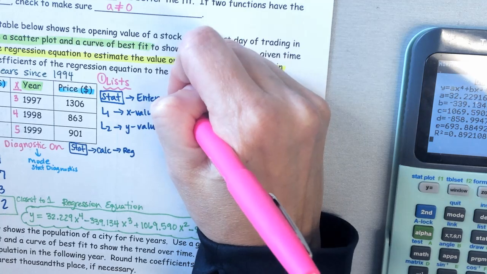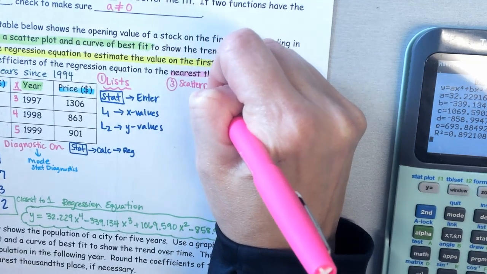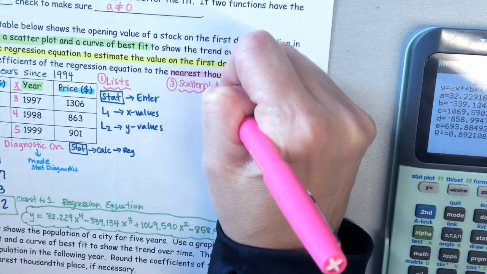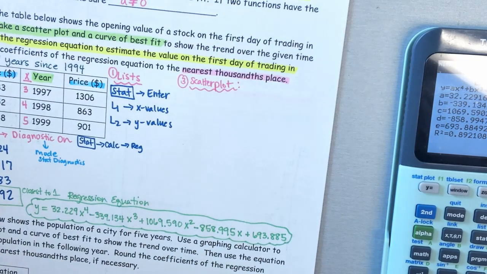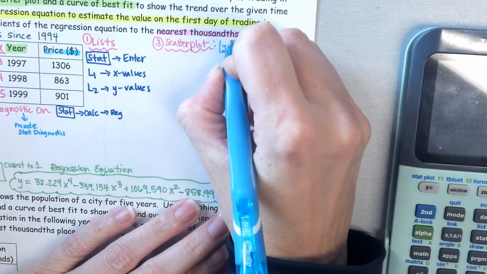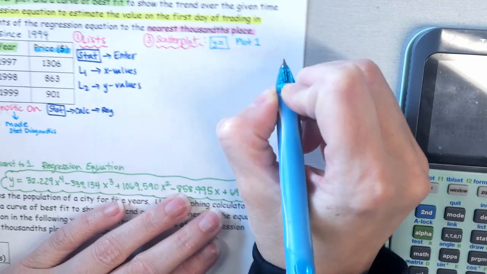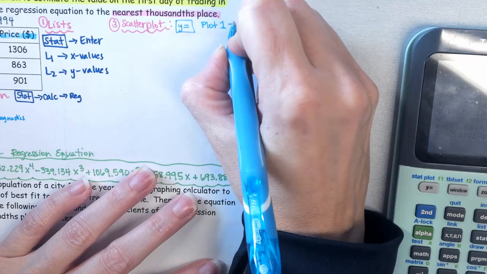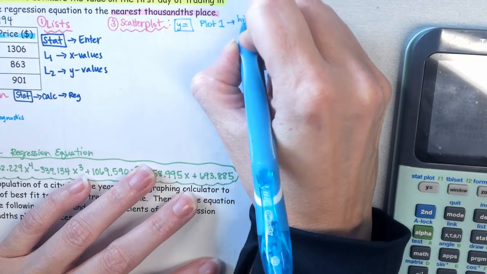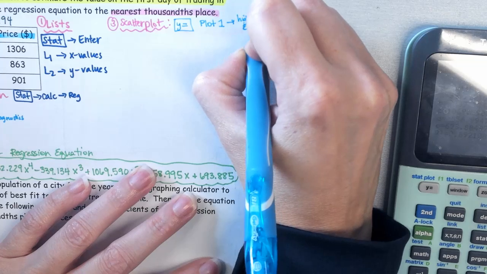So to make the scatter plot, you are going to go to y equals, and then there is something called plot 1, and to turn it on, you just highlight it, and you press enter.